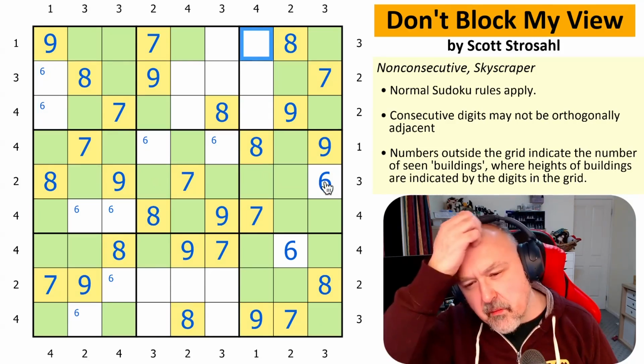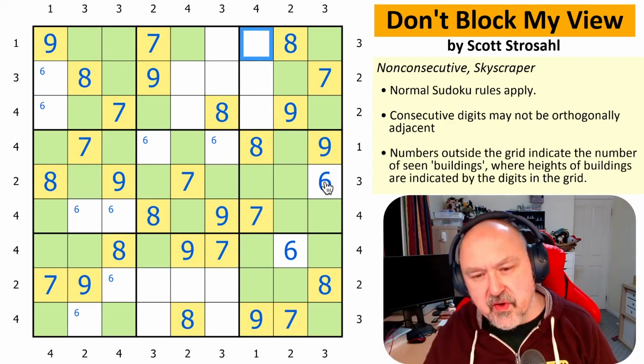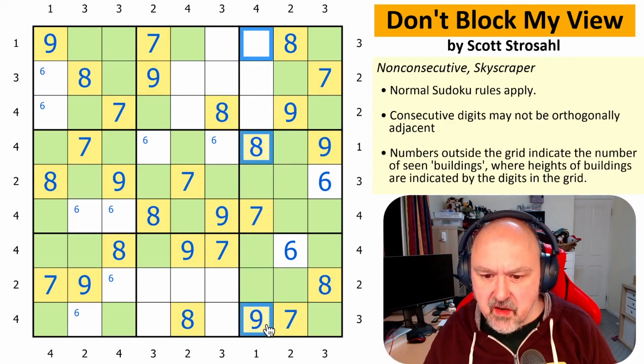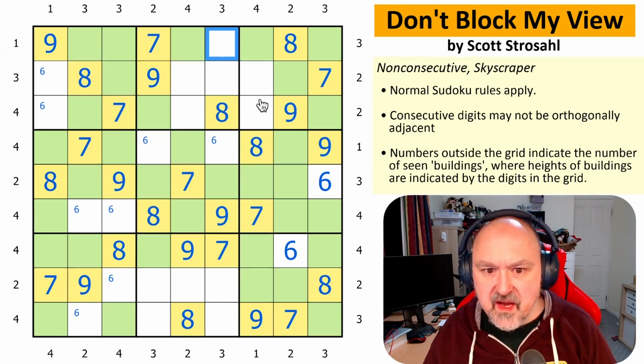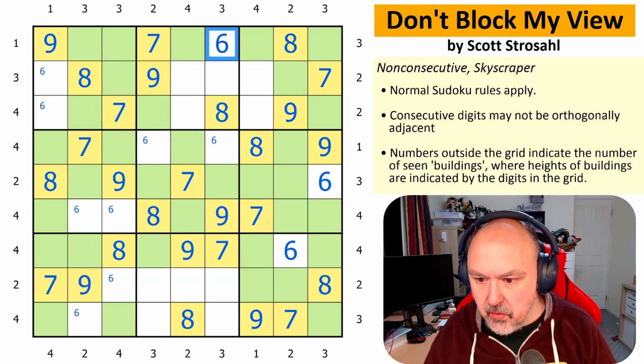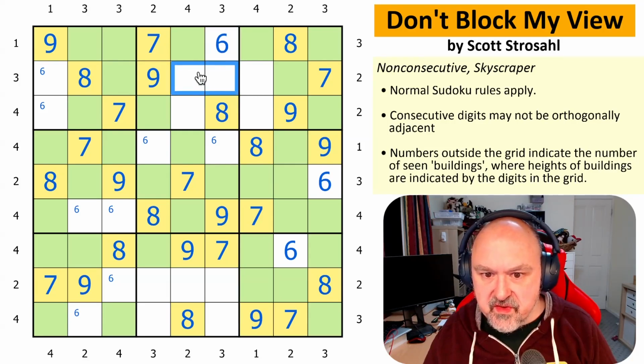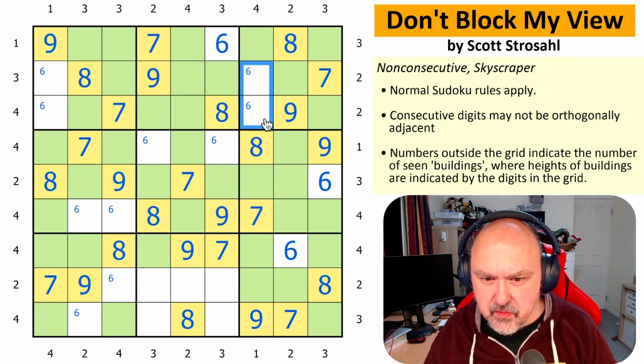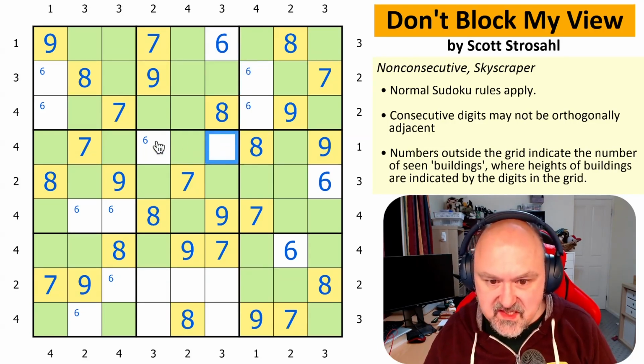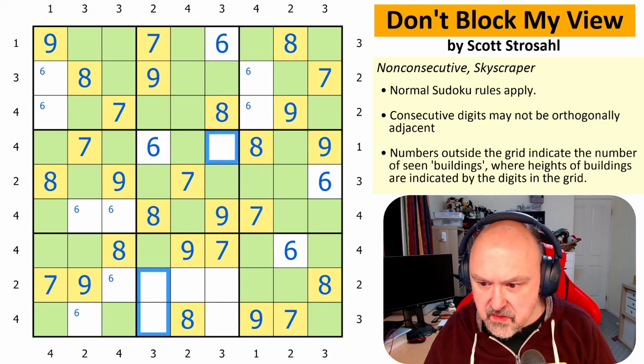6 there might be a problem because then I would go 6, 8, 9 and I'd have no way to break that up. So 6 can't go there. And now this is the only place for 6 in the row. So these are not 6. 6 is in one of those two. This is not 6. This is a 6, which takes 6 out of all of those.